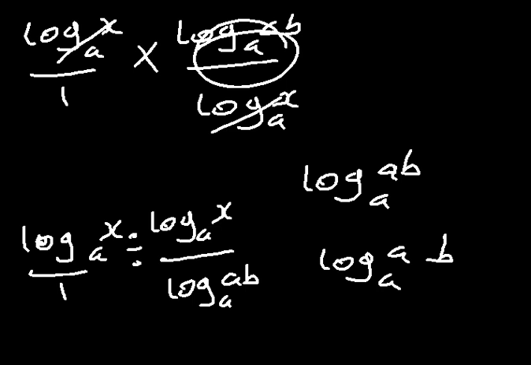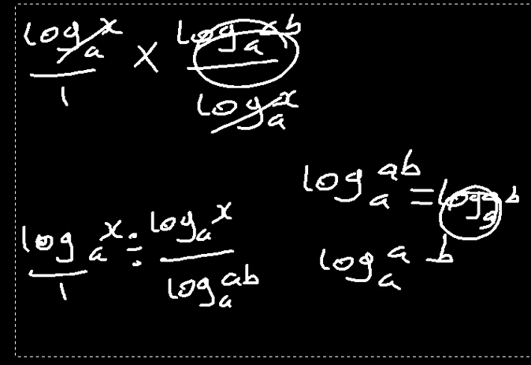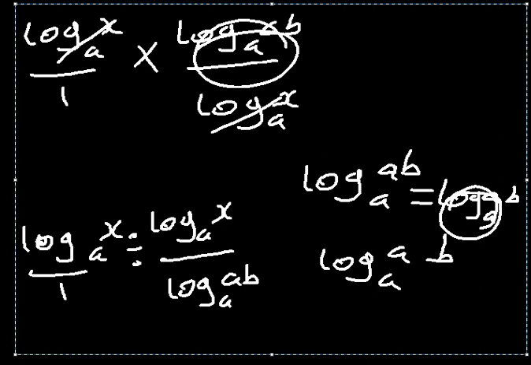You'll not be able to say that this case is the same as log a of a times b, then you may say this is 1 times b. No, those are different things. You should not tamper with the base in that case. So there are several questions that you'll come across to do with the changing of the bases, but the principle remains the same.